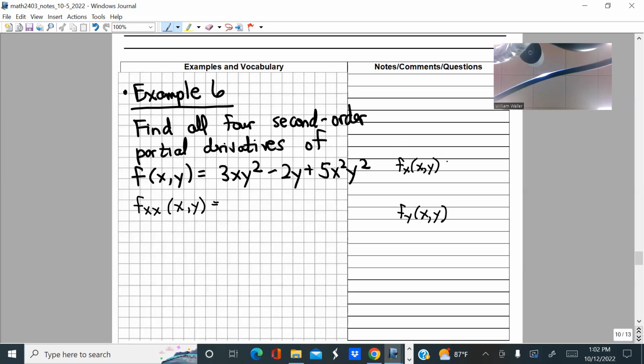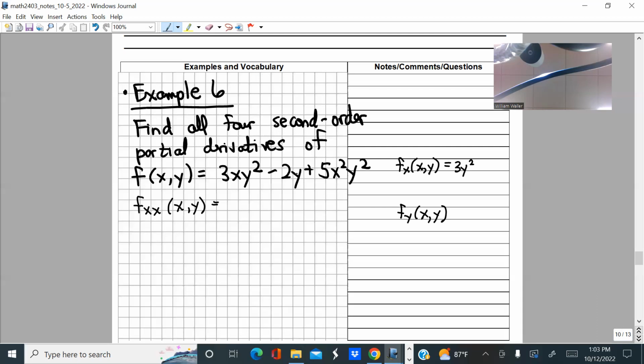So what is the partial derivative with respect to x of this expression? What do we get from the first term when we differentiate with respect to x? 3y squared. You just have a constant times x, like 6 times x. The derivative of that would be 6. Here you have 3y squared times x, so the derivative with respect to x is just 3y squared.